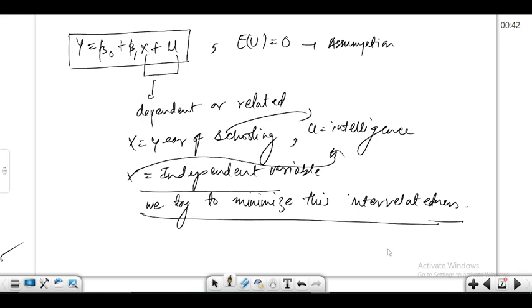This is one of our main aims. We want our model to be totally unbiased. We just want to capture how y is depending upon x. We don't want x to be depending upon something else, because we have to estimate the relation between y and x. So how do we deal with this situation?